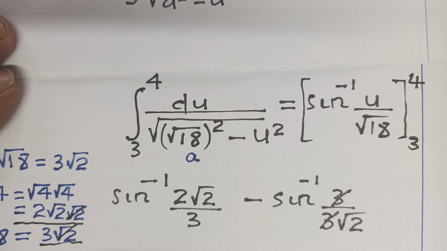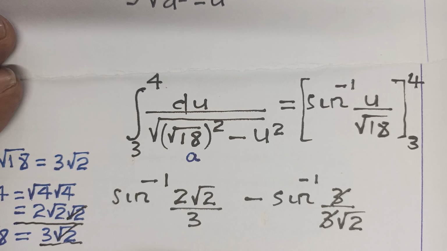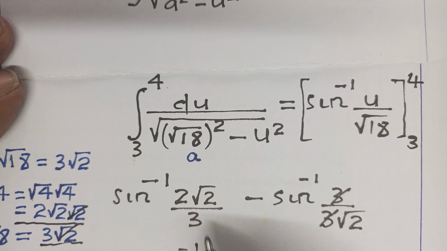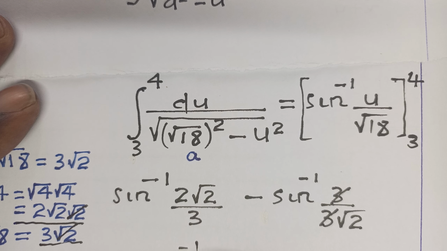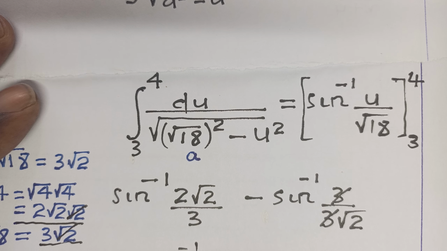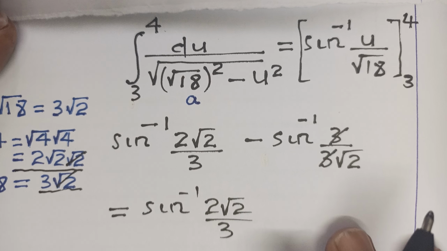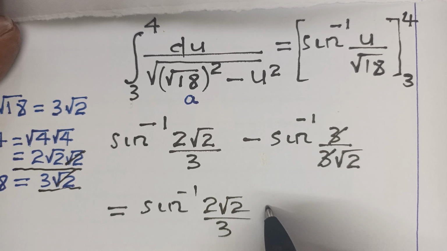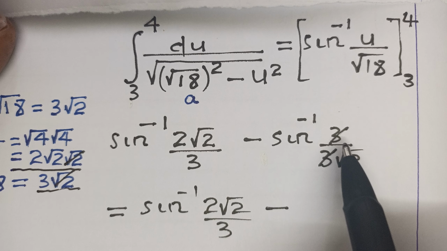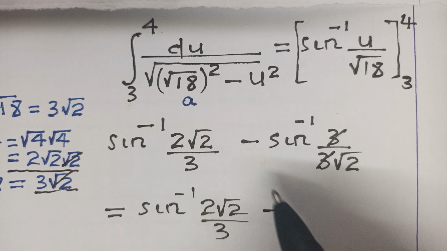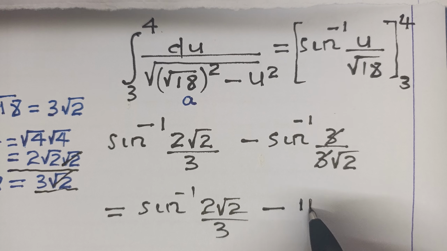And finally then, guys, you are going to have sine inverse of 2 square root of 2 over 3, now minus. Since this is formed by a special triangle, which is now pi over 4.